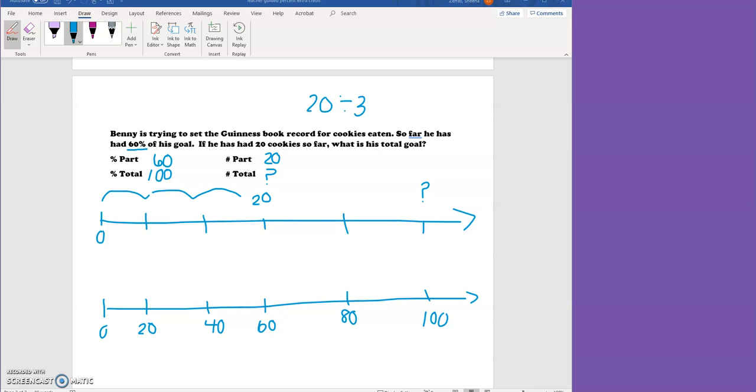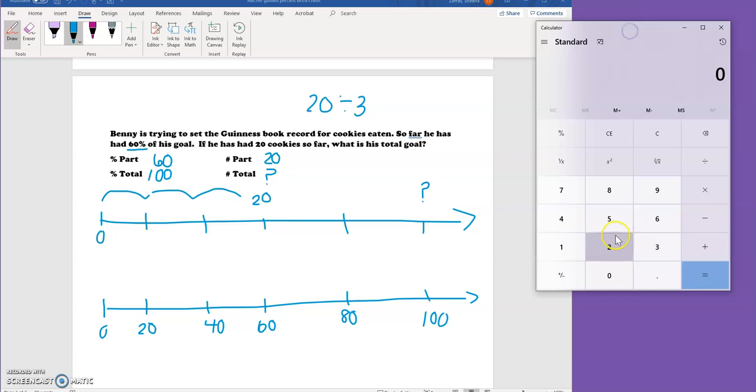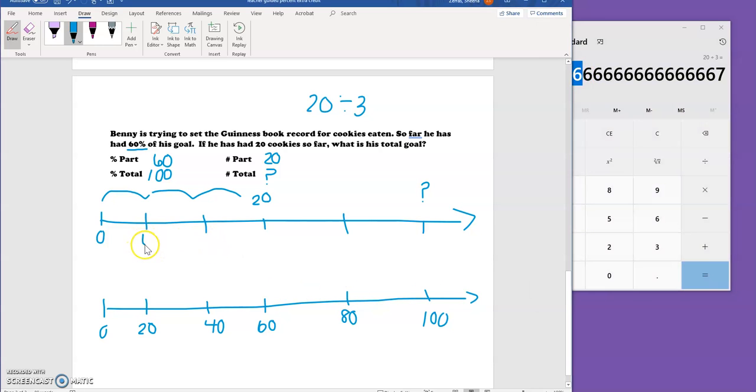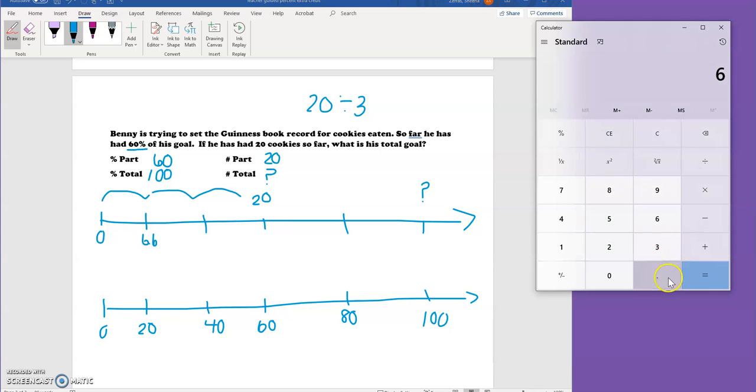So 20 divided by 3. We're going to get a decimal, and so we'll just count by the first decimal point, 6.6. And so then you would add 6.6 each time.